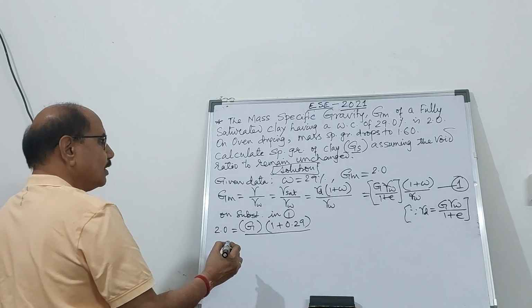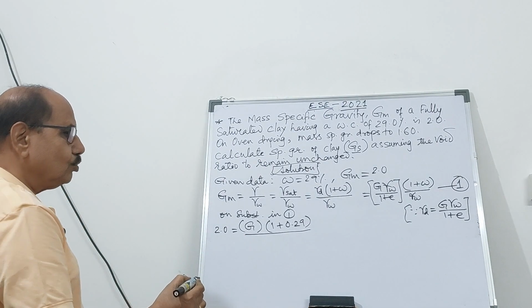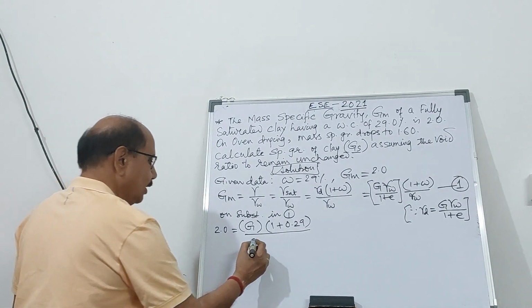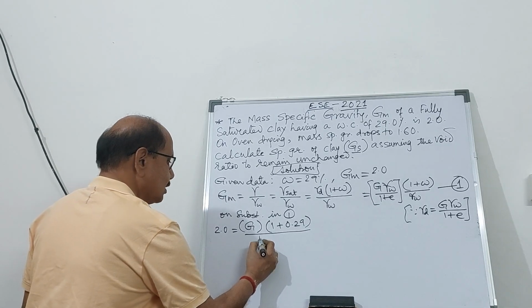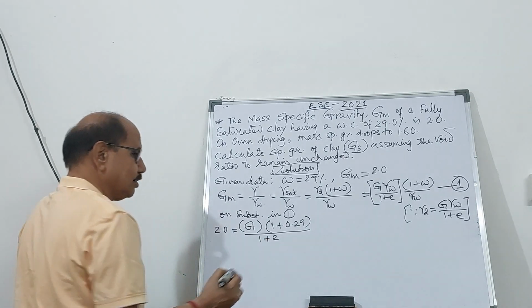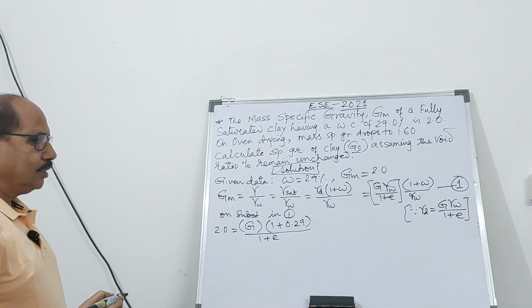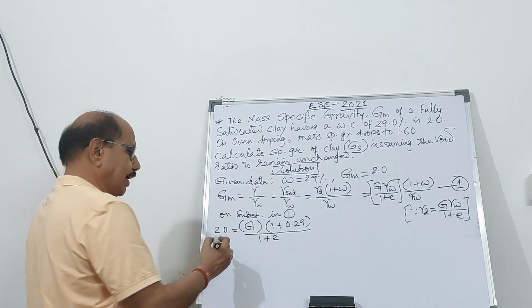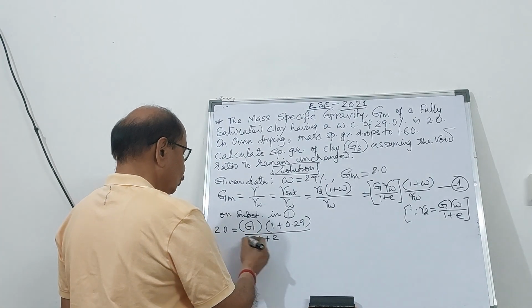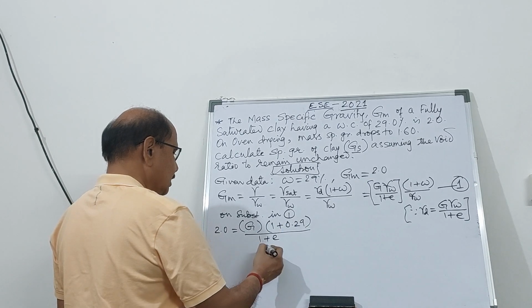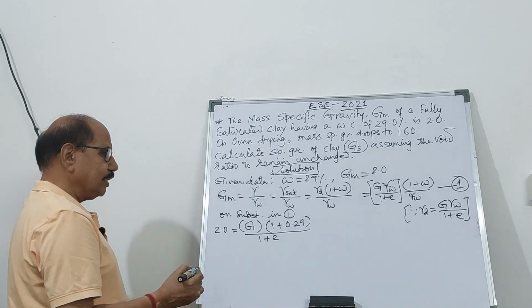So we get 2 equal to this divided by this.